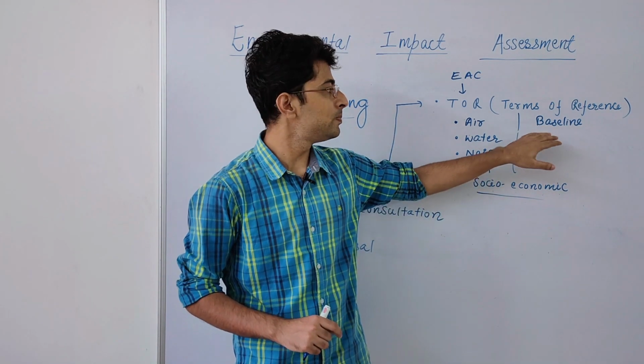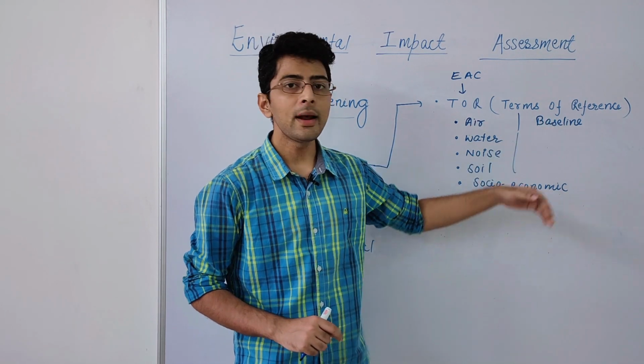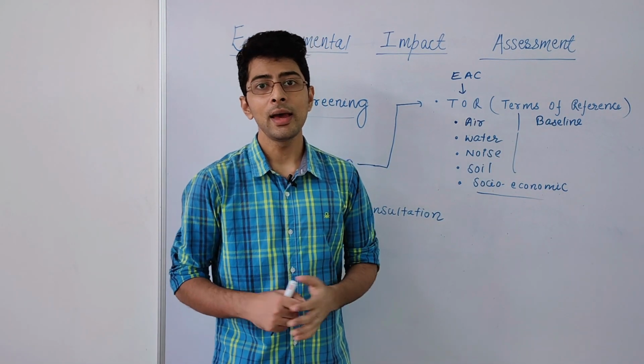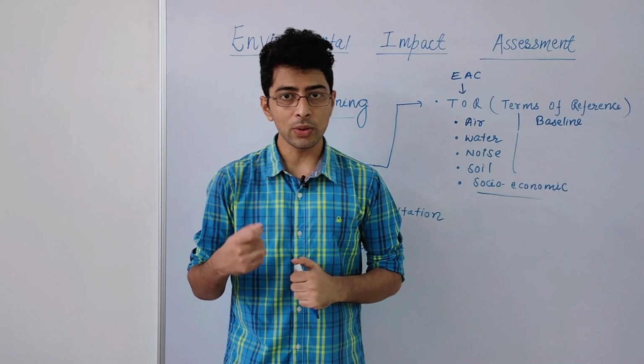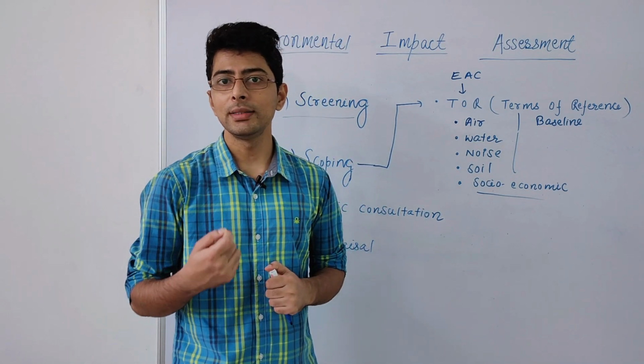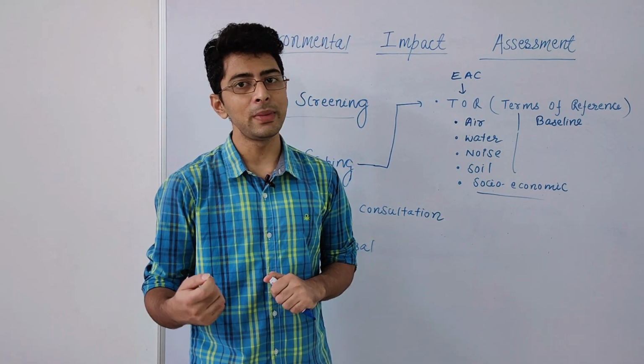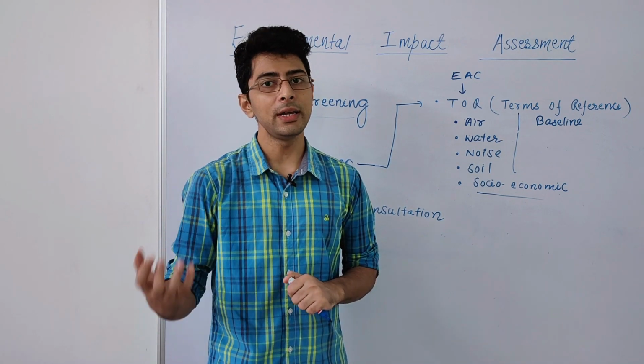On the basis of these baseline data, a prediction is done, and the prediction is in a way the quantification of the impact that a developmental project will have on the environment.